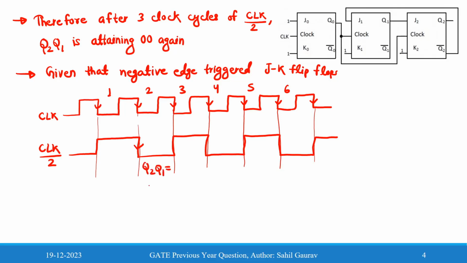At the first clock pulse you will get 0 1. At the second clock pulse you will get Q2 Q1 as 1 0, and at the third clock pulse you will get again Q2 Q1 as 0 0. So we can see that for flip-flop 2 and flip-flop 3, when we get the output Q2 and Q1 as 0 0, it is at the sixth clock cycle for flip-flop 1.